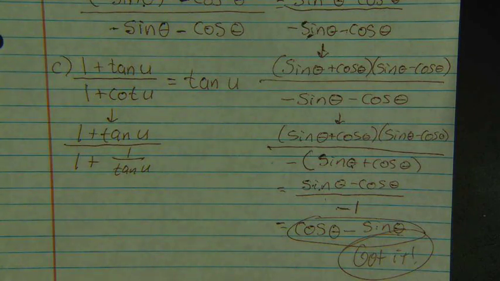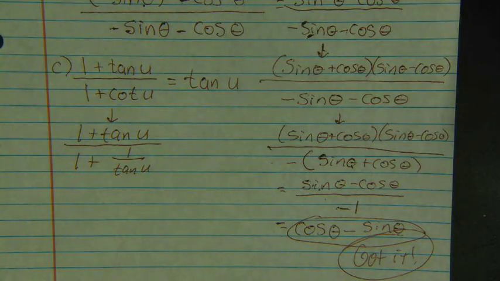Carter. Okay, come here. How about Chris? Okay. Oh, you have a note. Do I have to go right now? Yeah, it said. Take the 1 and make it tan u over tan u.